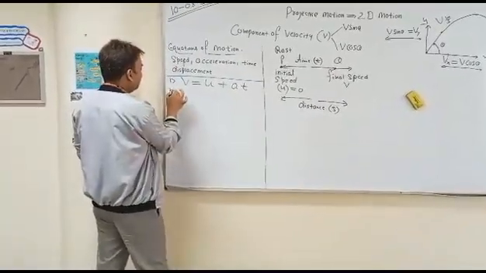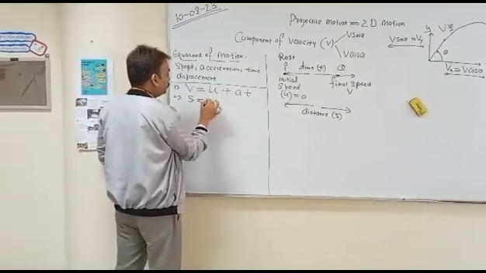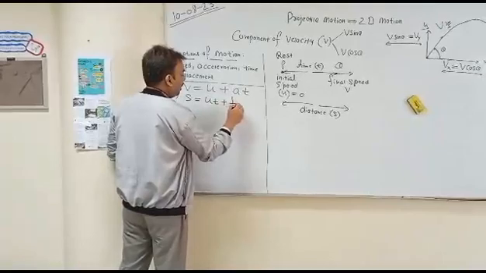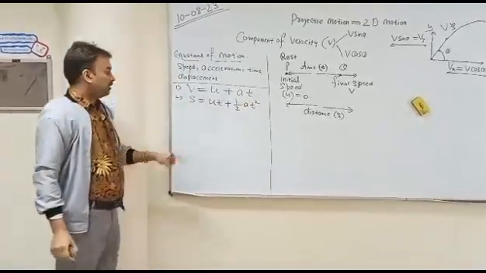Likewise, I can write the second equation of motion: S = ut + (1/2)at².